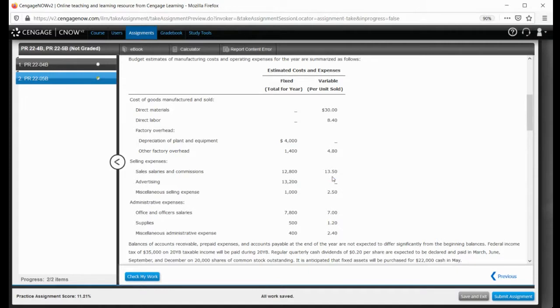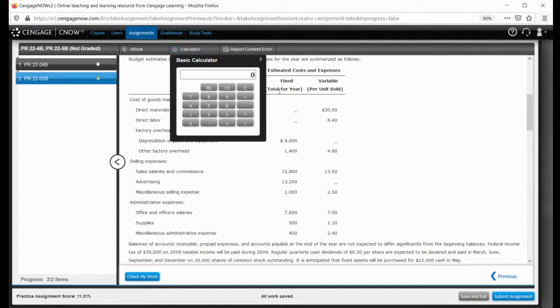So I would calculate my variable cost first, and to find the variable cost, we'd take the 1350. That's the variable cost per unit, and we're going to multiply this by the number of units sold.